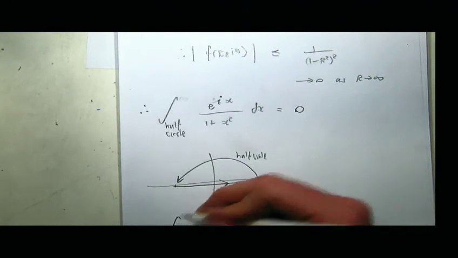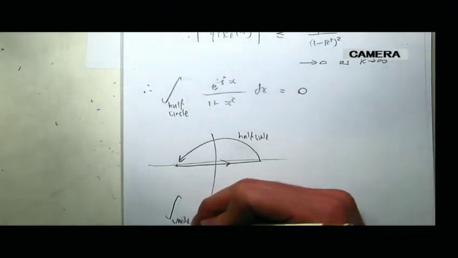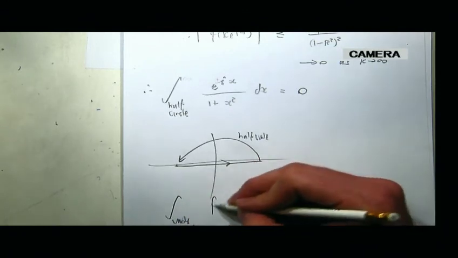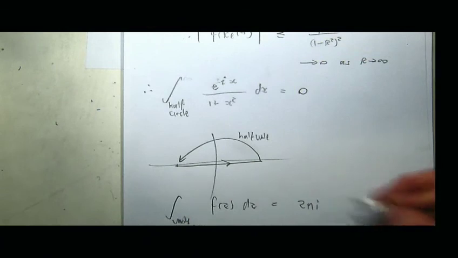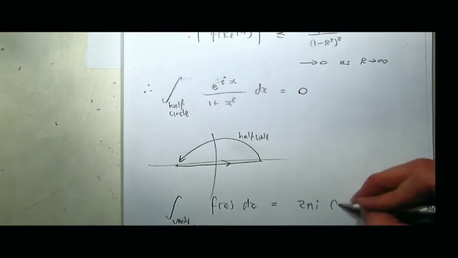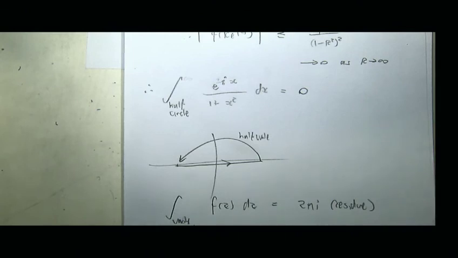So the integral around the whole curve of f of z dz will be 2 pi I times the residue, which I would figure out using residues with derivatives.